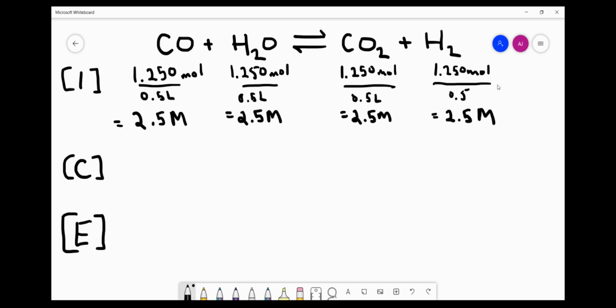And because equilibrium law always involves concentrations, I've converted those values using the concentration equals moles divided by volume, the molarity equation, to solve for the concentrations. And so obviously, if I start with equal numbers of moles in the same sized vessel, we are going to have equal concentrations.